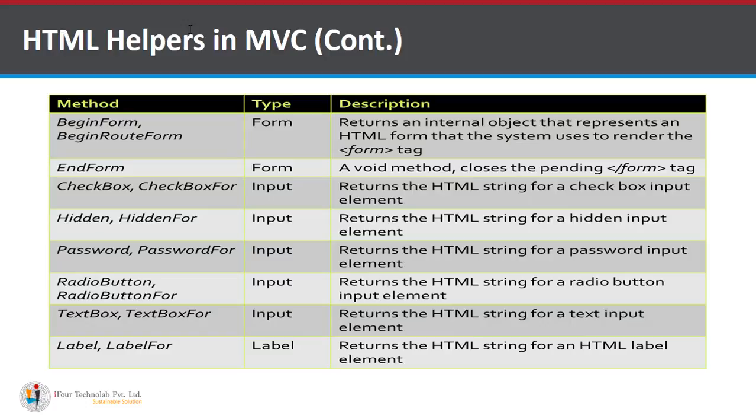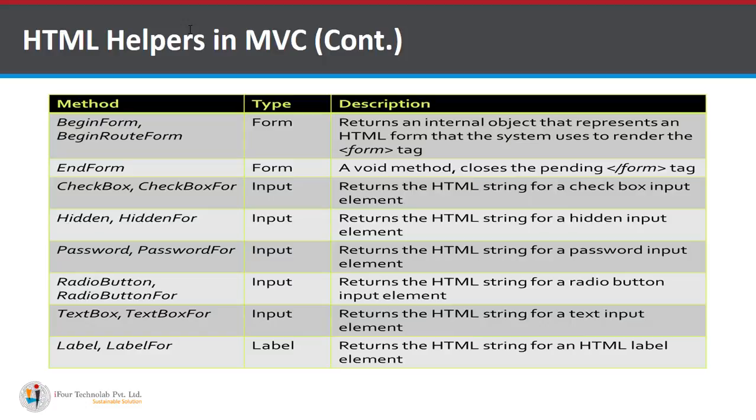Hidden and HiddenFor return the HTML string for a hidden input element. Password and PasswordFor return the HTML string for a password input element. RadioButtonFor returns the HTML string for a radio button input element. TextBoxFor returns the HTML string for an input text element.